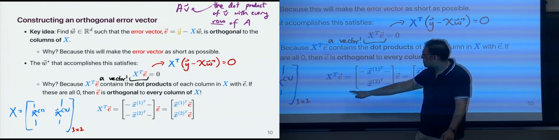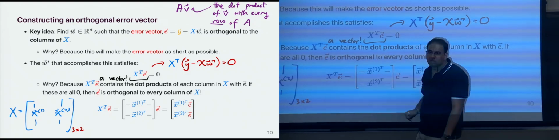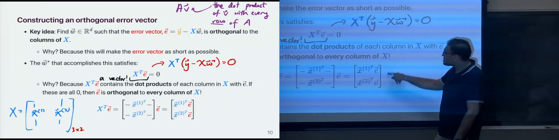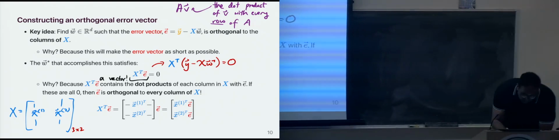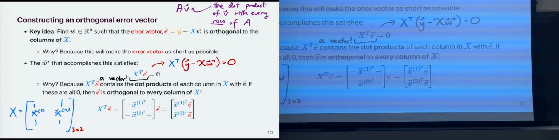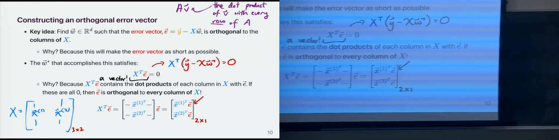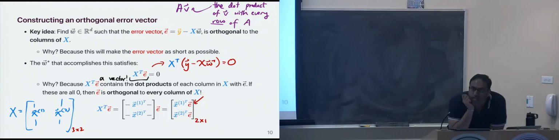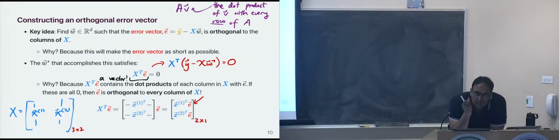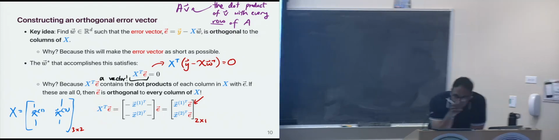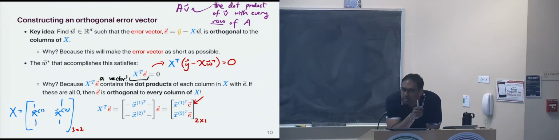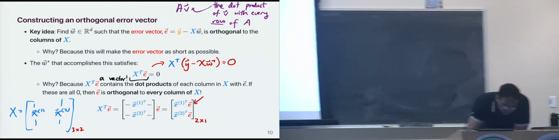And so by taking this multiplication of X transpose with E, what it ends up computing is this new vector with 2 rows and 1 column, which contains the dot products of every column of X with E. The reason it's the columns of X and not the rows of X is because I have this transpose here. And that's what I want. I want the dot product of every column in X with the error vector to be 0. So computing the product X transpose error vector and setting that to 0 satisfies this for me.